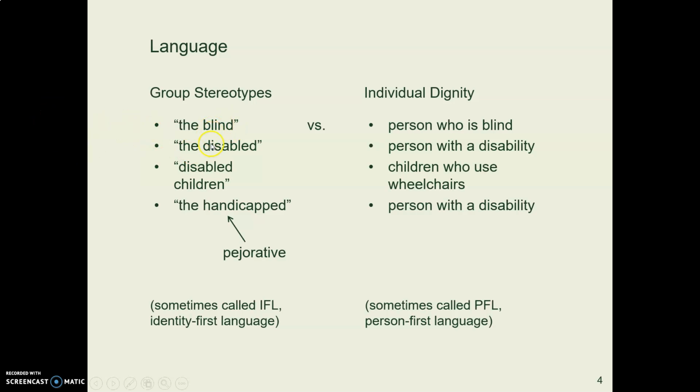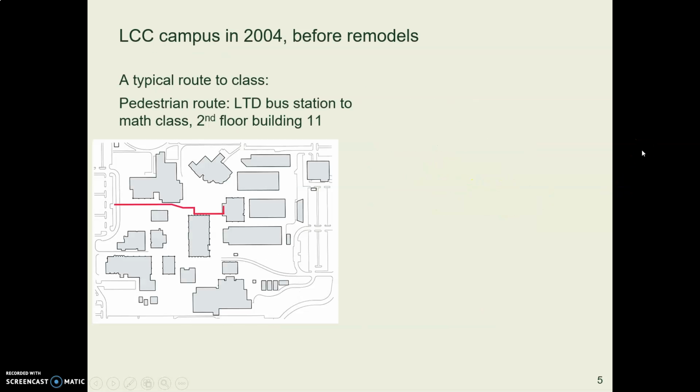Okay, you're the blind. Maybe you're a lawyer and a really good lawyer, but I'm not thinking about that. I'm just thinking that you're blind. Well, so what we could say was, this is a lawyer who is blind. This is a mayor who uses a wheelchair. So mayor comes first, wheelchair is just a descriptor.